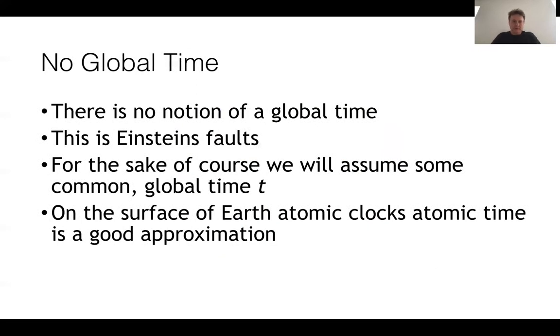Then, just as a caveat, before I'm gonna define a global clock, let us just all remind ourselves that such a thing doesn't exist. There is no notion of global time. There's some common time that we can all kind of access. This is all Einstein's fault, of course, because he had to go and invent relativity theory, which has been causing all kinds of problems since he did that.